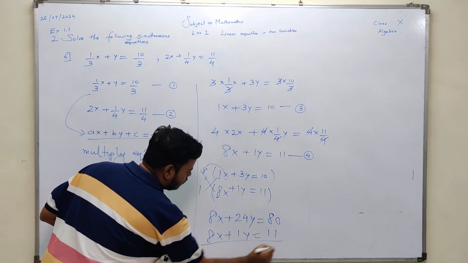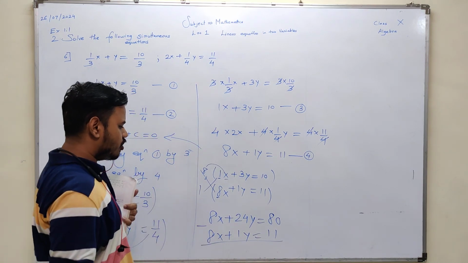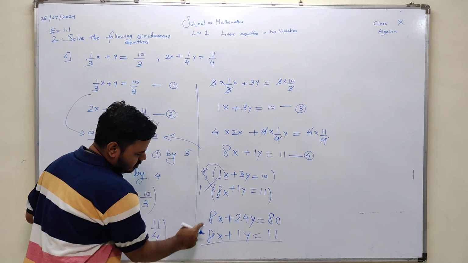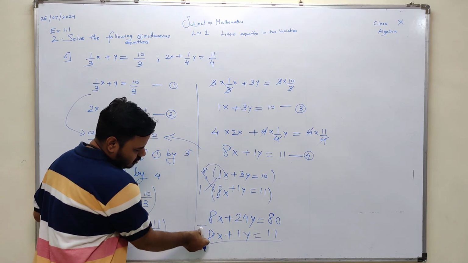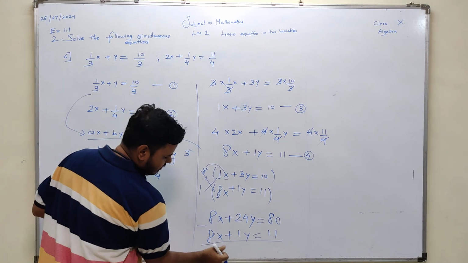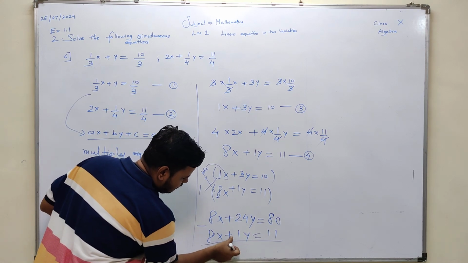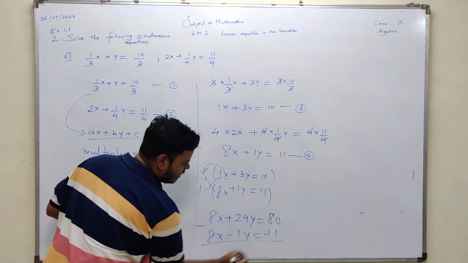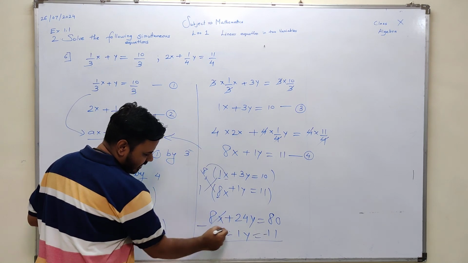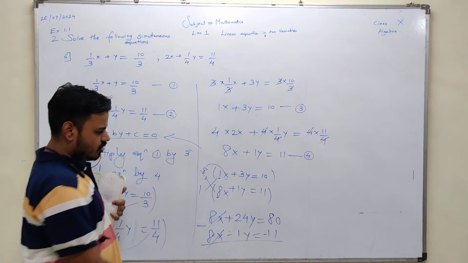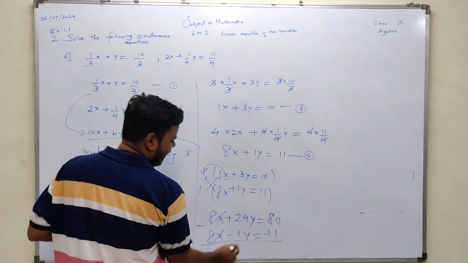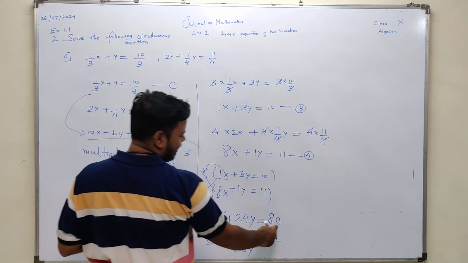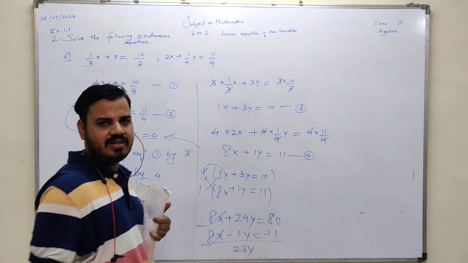Now what you have to do? You have to do subtraction in order to eliminate x. So 8x minus 8x. When we subtract, the signs will change: this plus will become minus, this will become minus. 8x gets cancelled. 24y minus 1y will become 23y. And 80 minus 11.